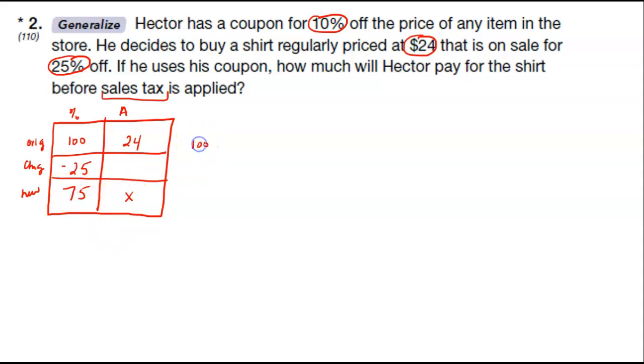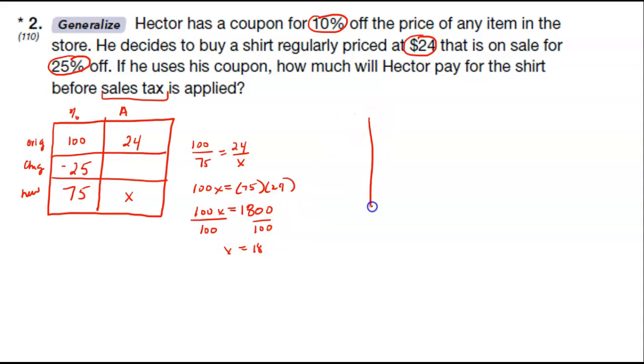So this is going to be 100 over 75 is equal to 24 over x. 100x is equal to 75 times 24, which I will not be doing in my head. Let's see, 75 times 24, 1800. So it turned out not so bad, 1800 divided by 100. X is equal to 18.